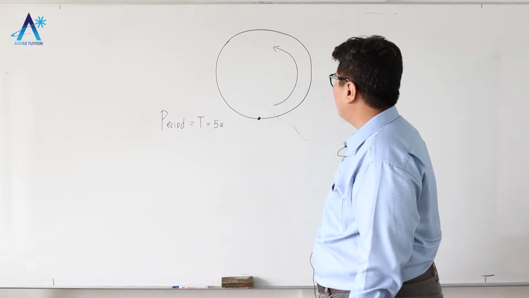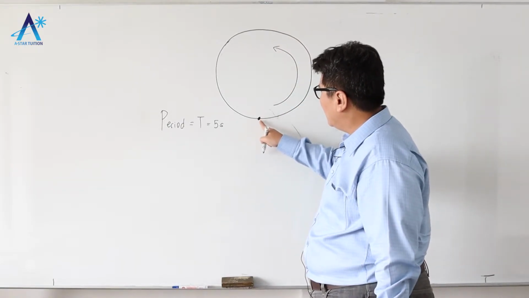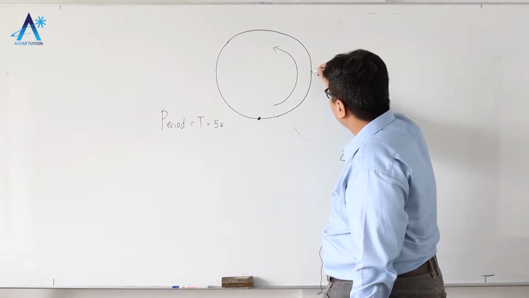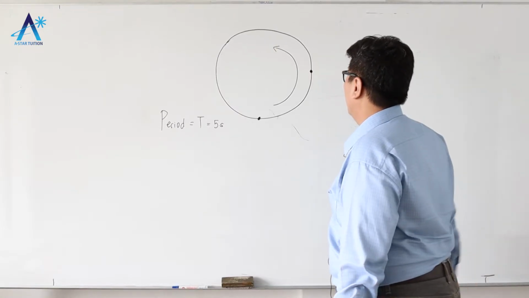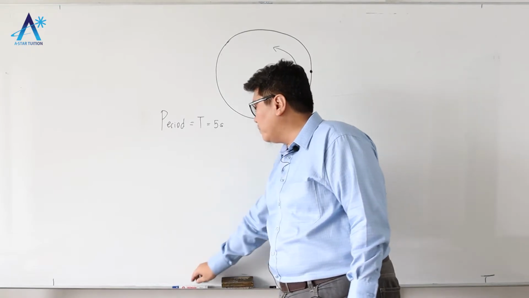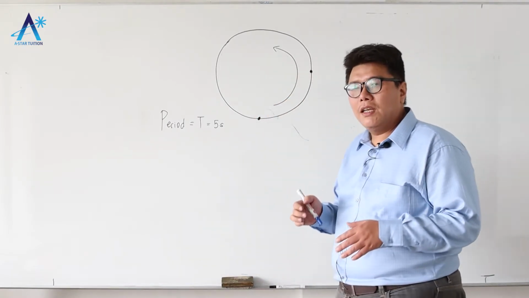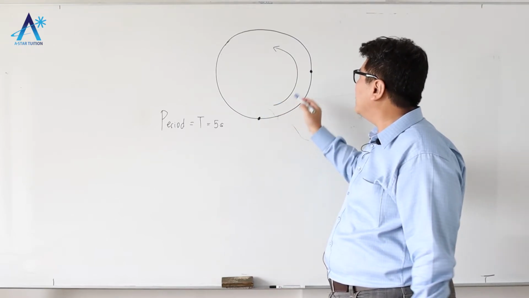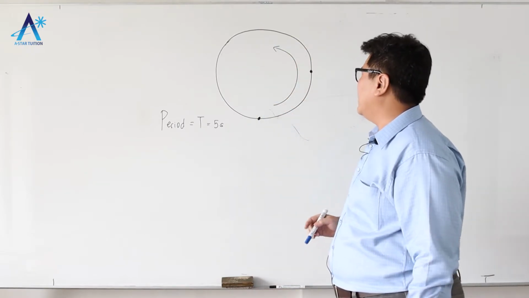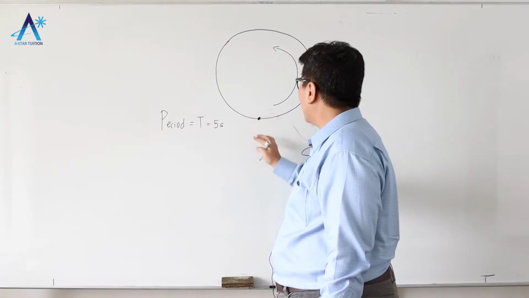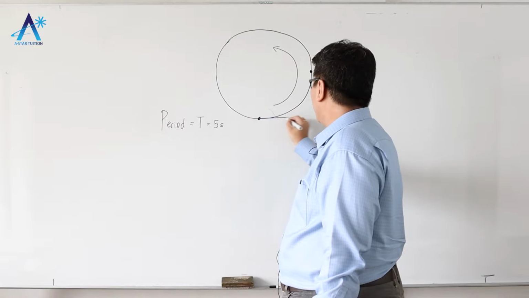Now, let's say the particle is moving counterclockwise. At one point, the particle is at this position, and then at another point, the particle is at this position. Now, what is the velocity vector? The velocity vector is always tangent to the path, and the path is circular. Because the motion is counterclockwise, the velocity vector can be drawn like this, tangent to the path and going this way.